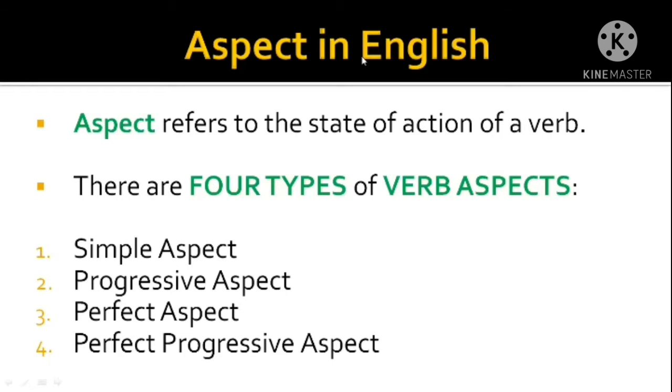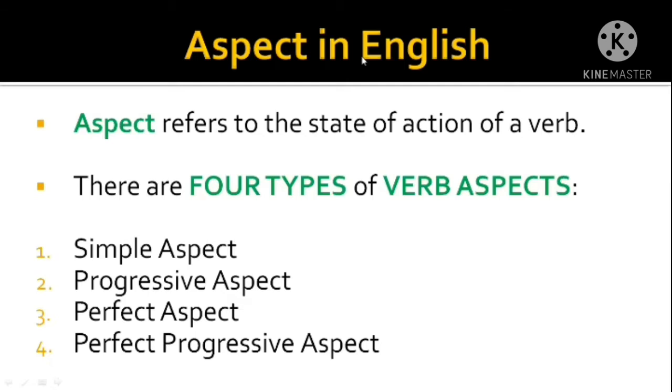Now, one thing you need to remember while studying this particular aspect of English grammar: when I say simple aspect, it means I'm talking about simple tense, like simple present tense, simple past tense, simple future tense.